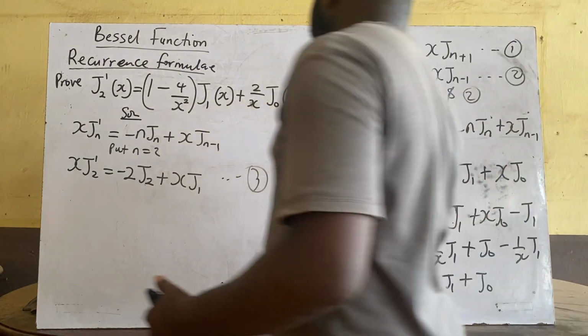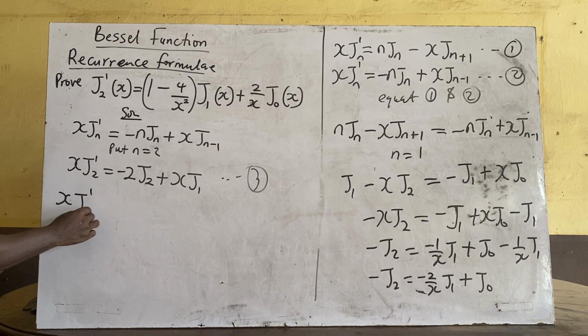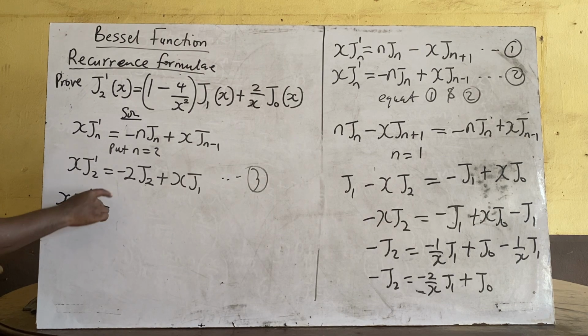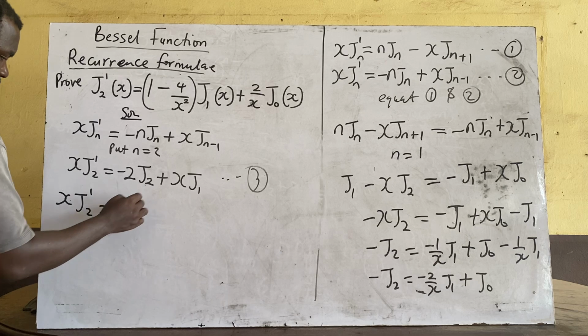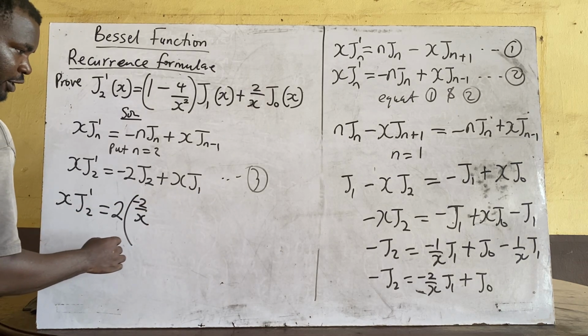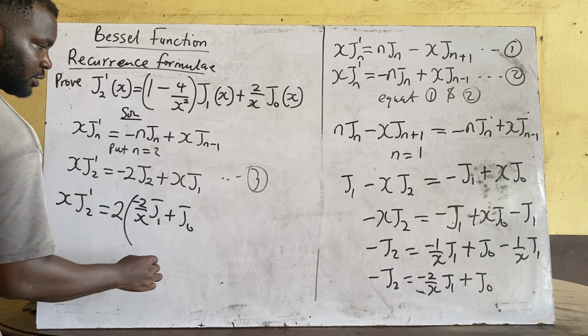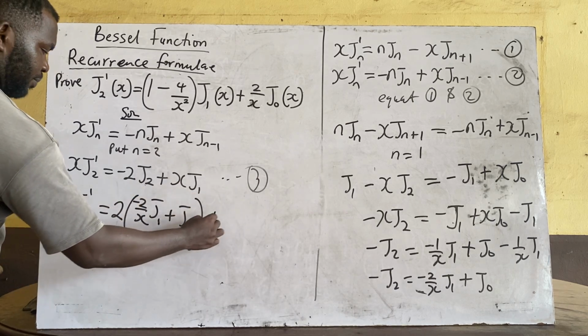Now let us substitute this here. x J2 prime will be equal to 2 outside, minus J2 is all these things, so minus 2 over x J1 plus J0, then plus x J1.